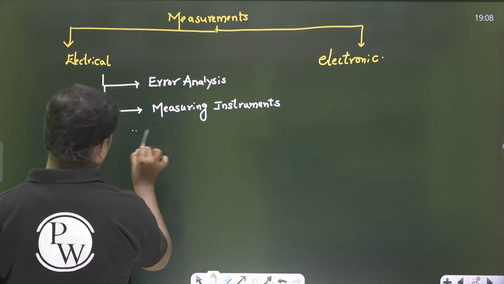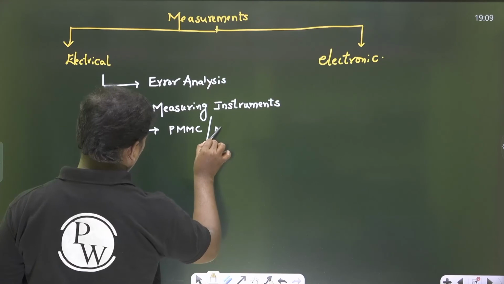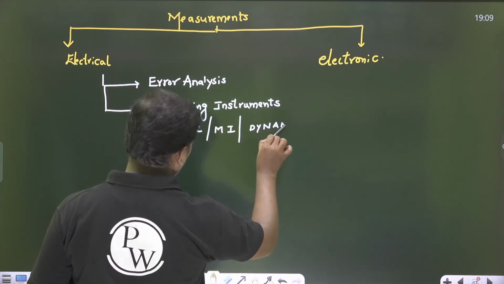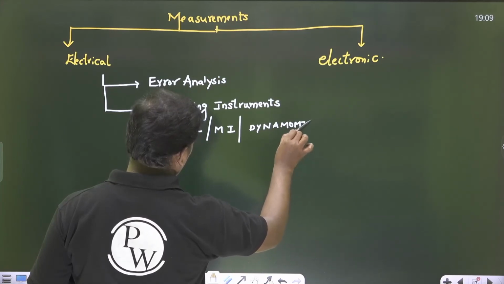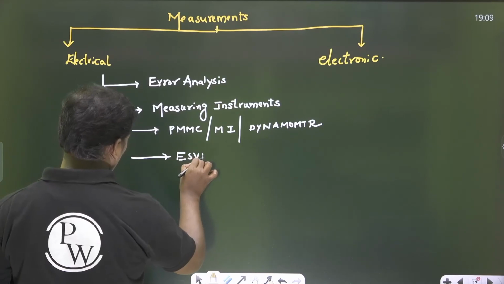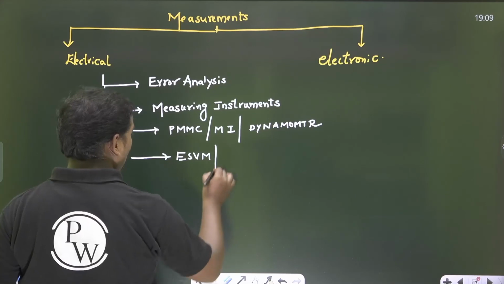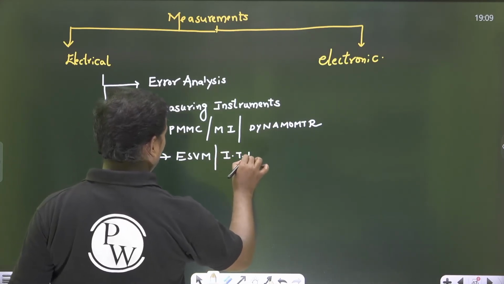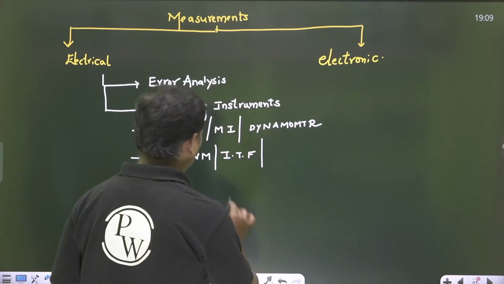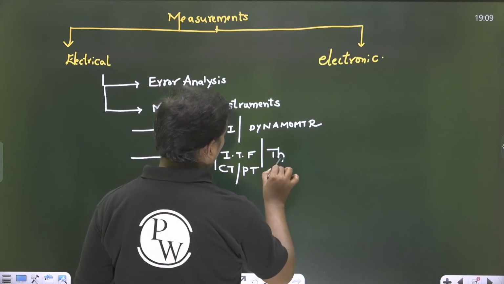Under the measuring instruments: DVMs, Pi iron, dynamometer, electrostatic voltmeter, the miscellaneous instruments like instrument transformers and thermal instruments.